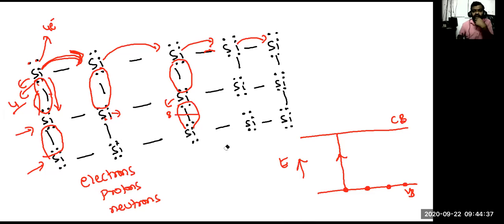Whenever an electron is excited to the highest energy shell or highest energy state, then around this we are having an electronic charge, and up to some distance we will have the effect of charge of electron.